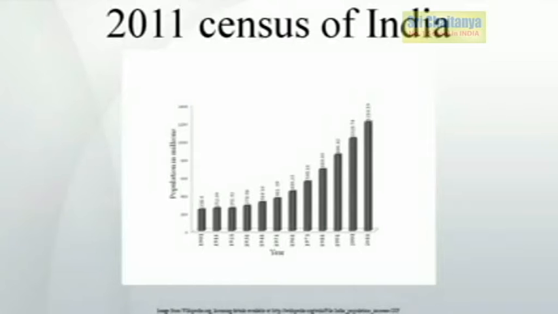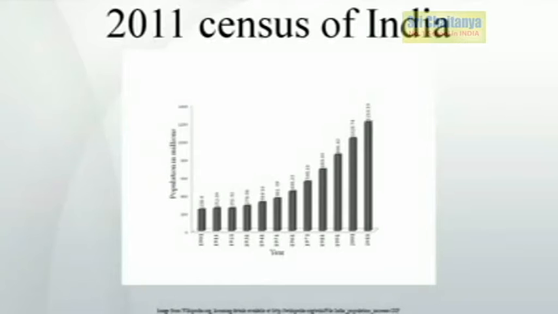Spread across 28 states and 7 union territories, the census covered 640 districts, 5,767 tehsils, 7,933 towns and more than 600,000 villages. A total of 2.7 million officials visited households in 7,933 towns and 600,000 villages, classifying the population according to gender, religion, education and occupation.